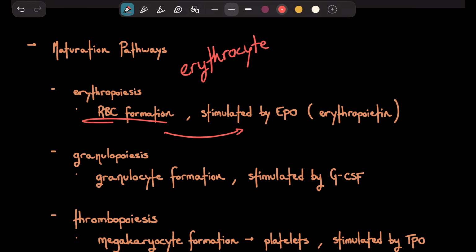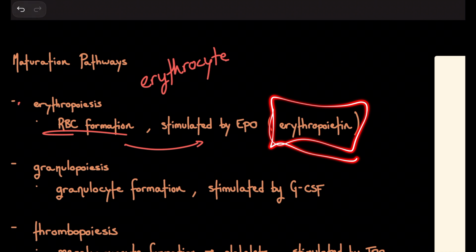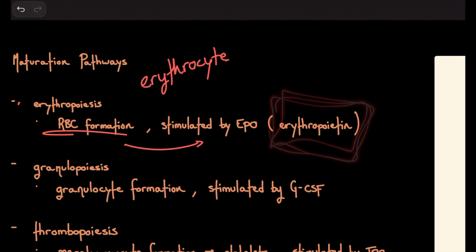So if we are low, the kidney will secrete that. If our hematocrit, if our red blood cell count is low, we will get erythropoietin, and that will tell my stem cells to go down this pathway. Fun fact, if anybody knows of Lance Armstrong, this is what he was using. This is why he was kind of caught red-handed.